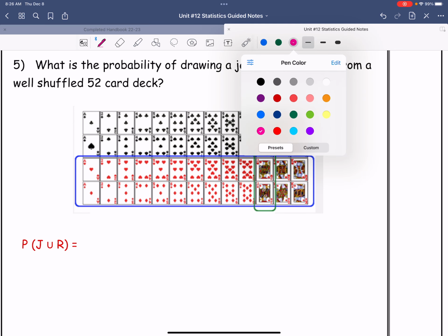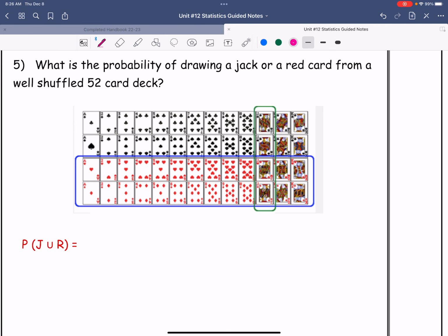Looking at a standard deck of cards, which is identified here, what is the probability of drawing a jack or a red card from a well-shuffled 52 card deck? Well, the probability of a jack is going to be 4 out of 52, plus, because it's OR, the red card is going to be half.